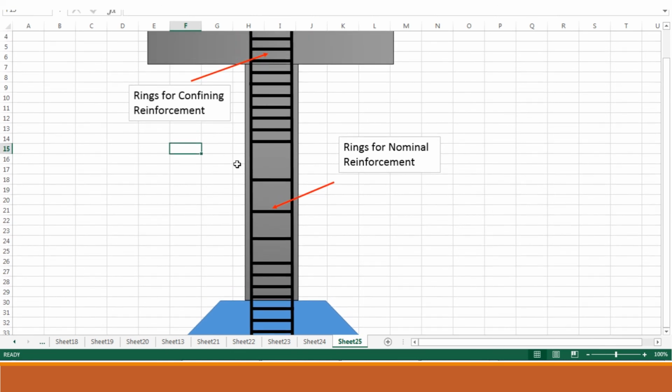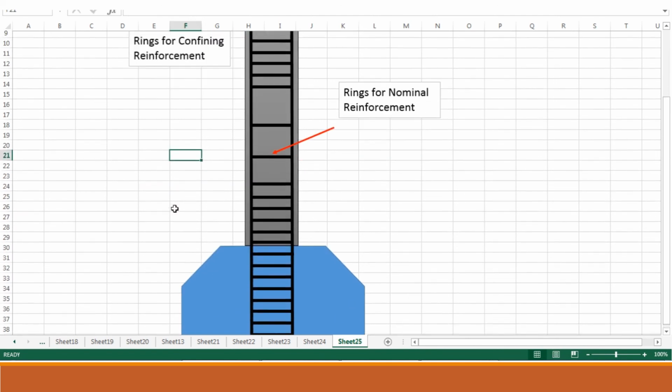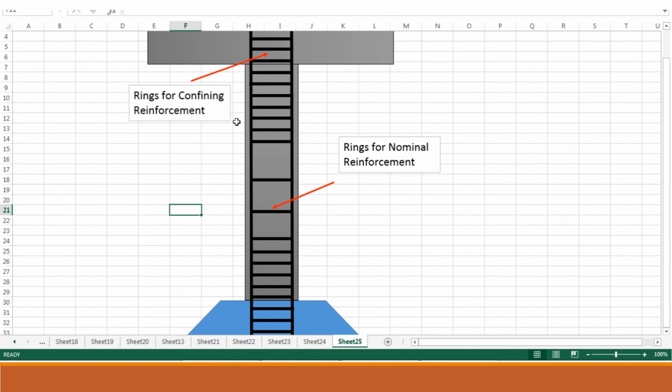Similarly, L0 is the face from here. We might have an additional bar here somewhere. Now this would be L0 and this would be L0. And then in this zone, the links are provided as confining reinforcement. In the middle zone, the links are provided as nominal reinforcement.